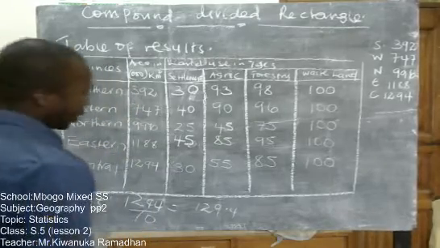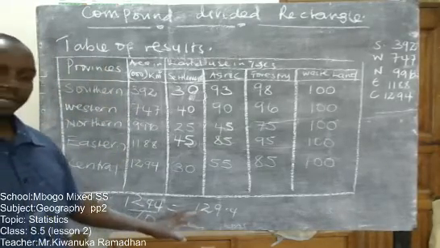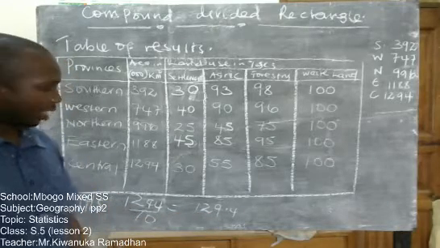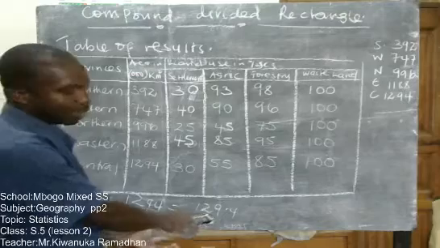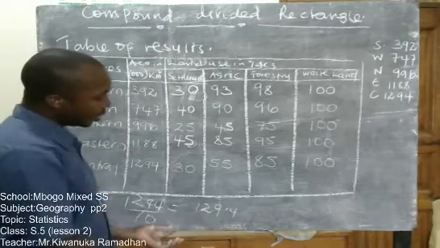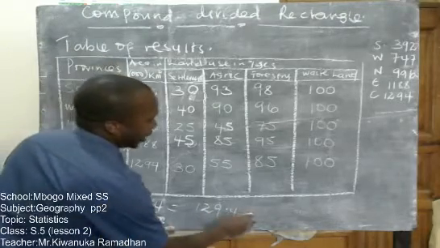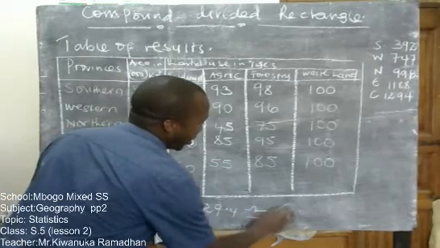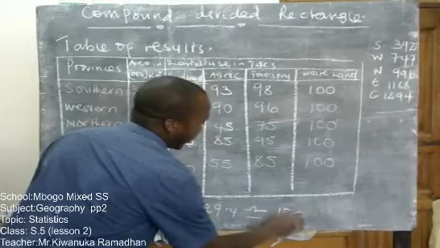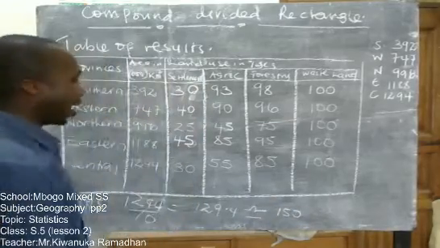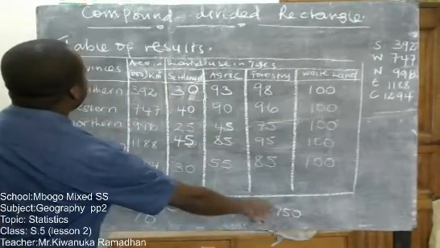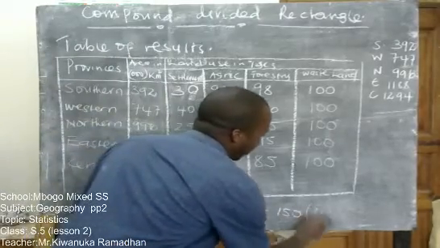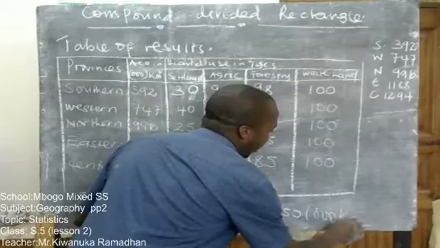Our scale is around 129.4, but this is likely to confuse us. So we can settle at 150, 1,000 square kilometers.